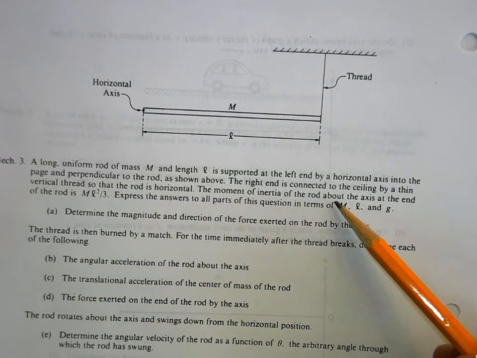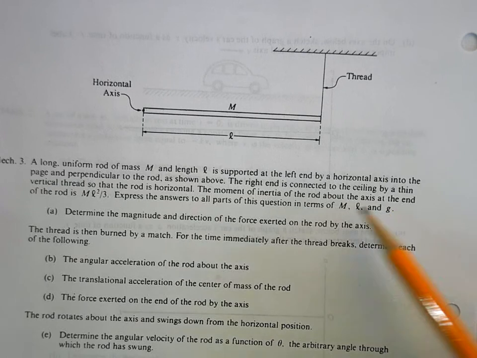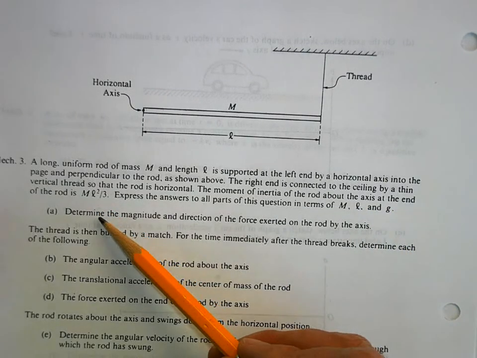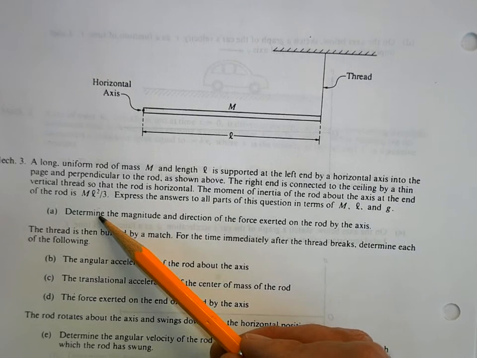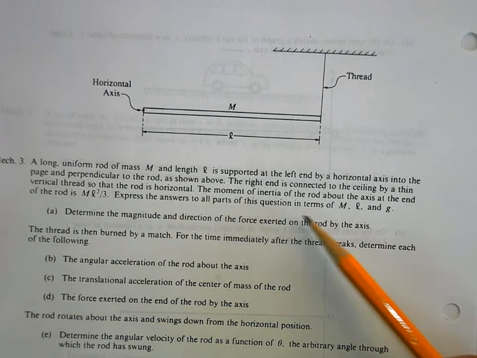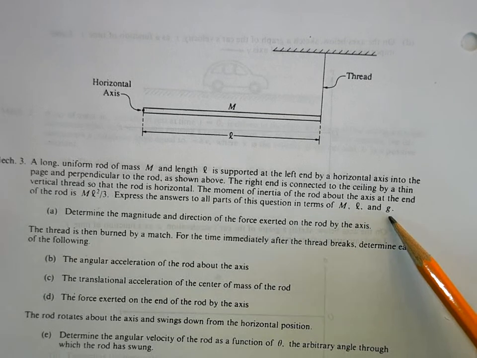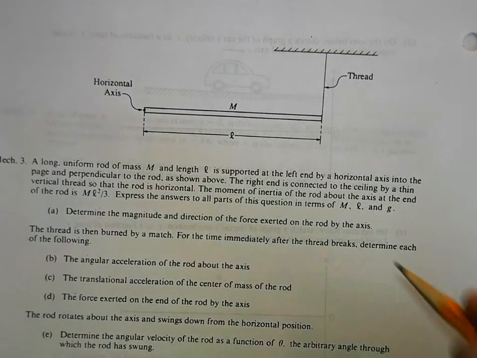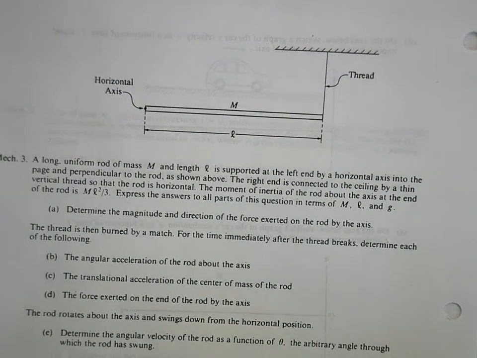The moment of inertia of the rod about the axis at the end of the rod is ML squared over 3. See, that's nice. They give that to you. They don't expect you to memorize it or derive it. Express the answers to all parts of this question in terms of M, L, and g. Okay, yay, you don't have to use a calculator. All right, so A, determine the magnitude and direction of the force exerted on the rod by the axis.